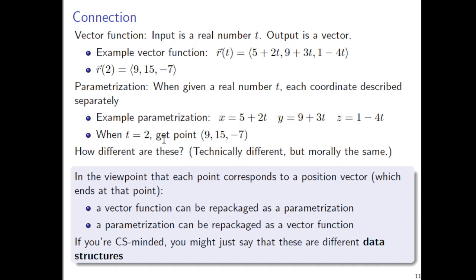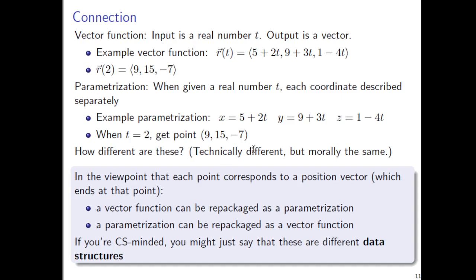Now let's talk about the other side. What do you get? In the case of a vector function, you get a certain vector as output, like in this example, 9, comma, 15, comma, negative 7 in angle brackets, versus for a parametrization, these three separate formulas, the results get stuck together as the coordinates of a point. So it's the same amount of data, 9, 15, negative 7, right?